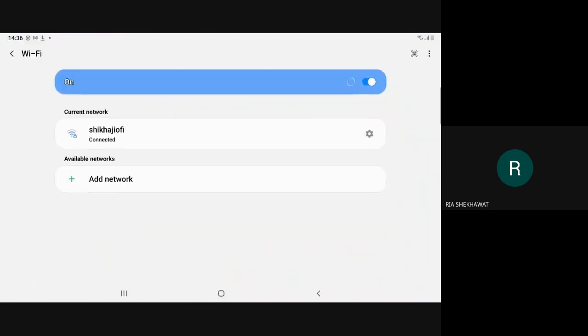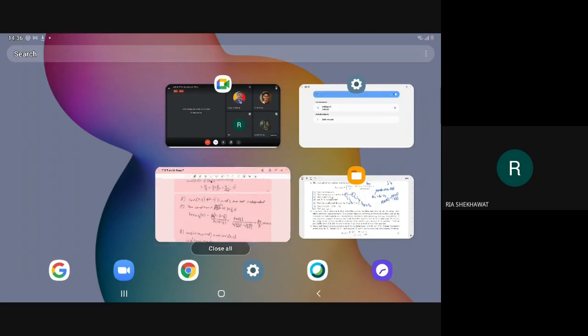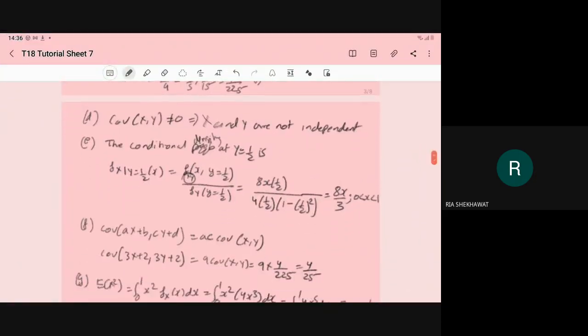So here we compute the conditional density. We compute f of XY, and Y is equal to a particular value, divided by f for Y is equal to half. In the numerator we have the joint density, in the denominator we have the marginal density.